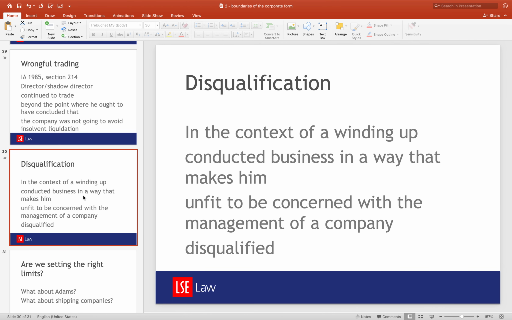So the Company Directors Disqualification Act, which you now will also have studied in the second term, also allows an intervention, a disqualification of someone who has shown himself unfit to be concerned with the management of a company, and there's disqualification both for directors and shadow directors.